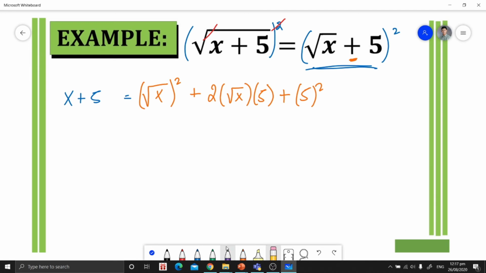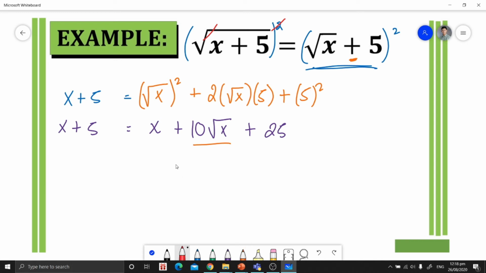Okay, so let's combine like terms, or let's simplify. So we have x plus 5. Now we have x plus 10 square root of x plus 25. Since we still have our radical expression, let's isolate 10 square root of x.